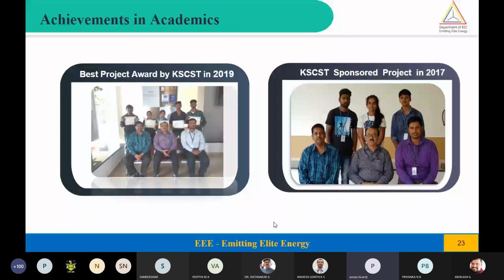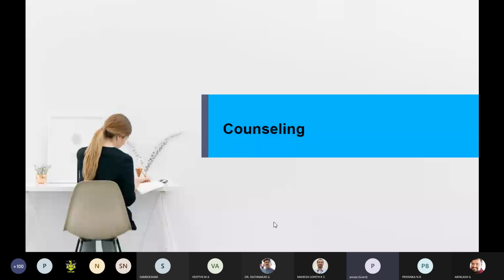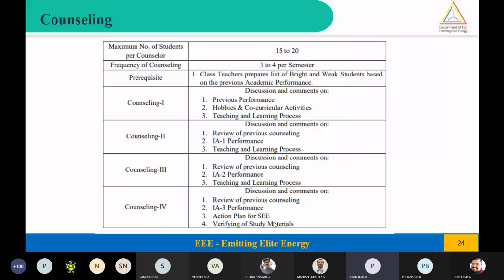And coming on to the final part, how are we connected with the students? Each faculty of our department will be given about 15 to 20 students. Their primary duty is to counsel them and mentor them. Each student will be meeting the faculty about 3 to 4 times in a semester.